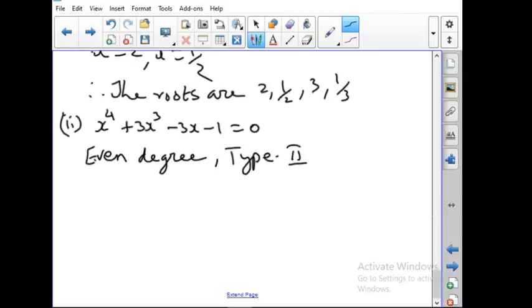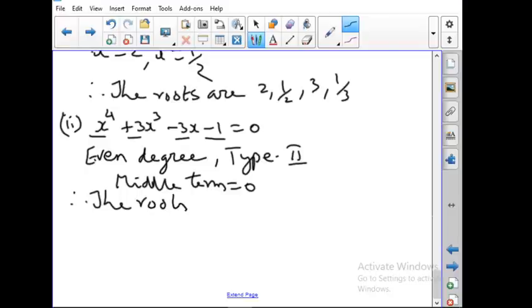So type 2. See here, the coefficient is plus 1 and here it is minus 1, plus 3 minus 3, and the middle term is 0. Therefore, the two roots are, as we have seen before, plus 1 and minus 1.